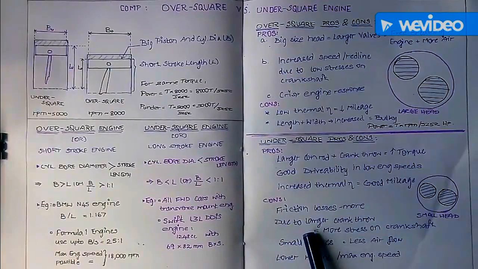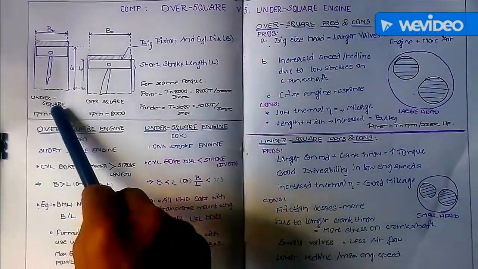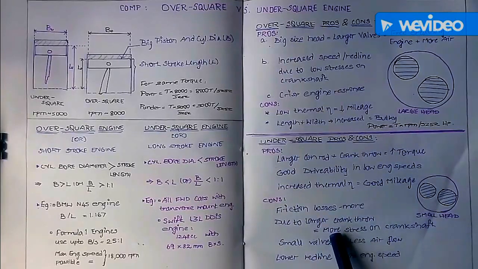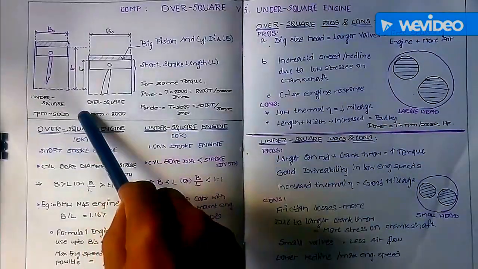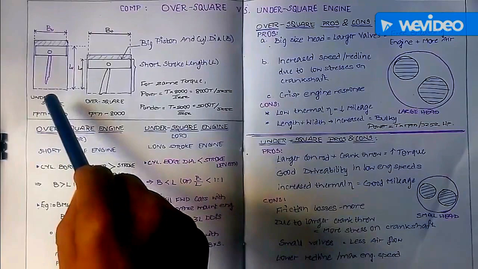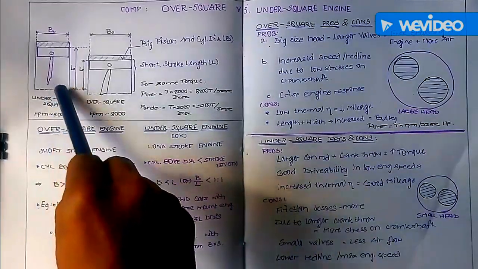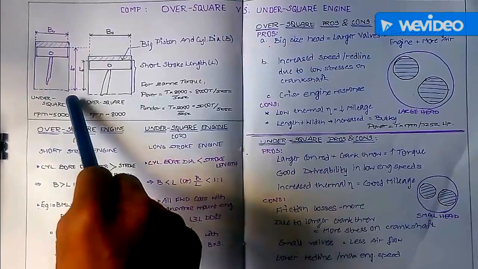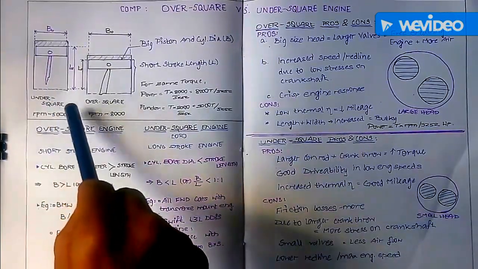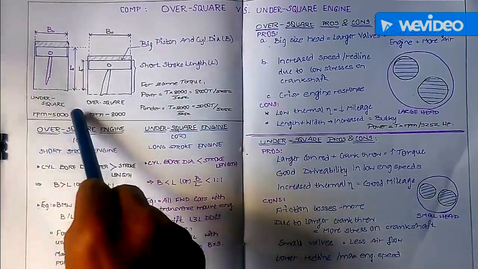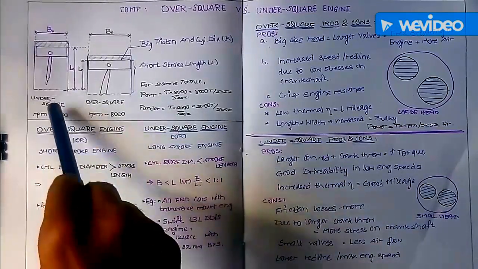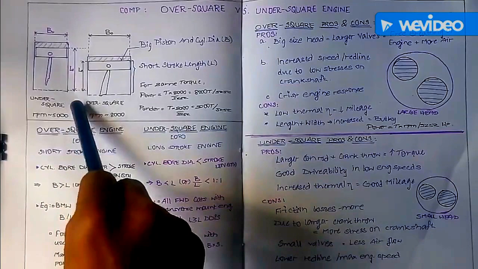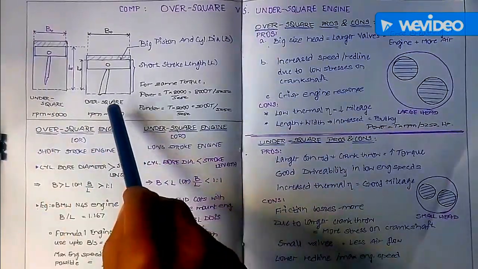Next, due to the larger crank throw, which gives us more torque, there is also more stress on the crankshaft. The distance between the center point and the point where the connecting rod connects to the crankshaft, that is the crank pin, which is measured as the crank throw, is quite increased. That means the centrifugal force acting on the crankshaft when spinning is quite large compared to an over square engine.